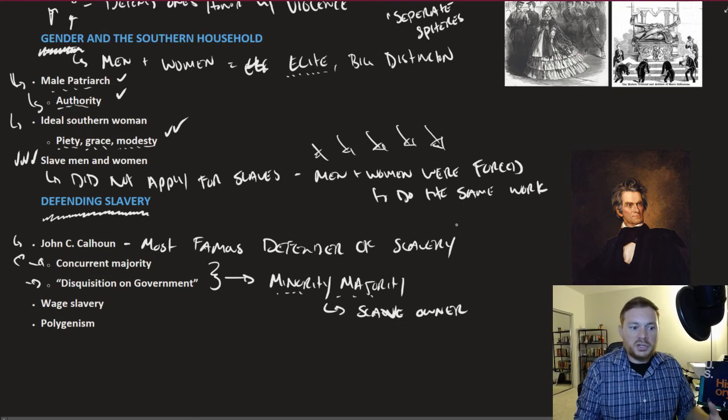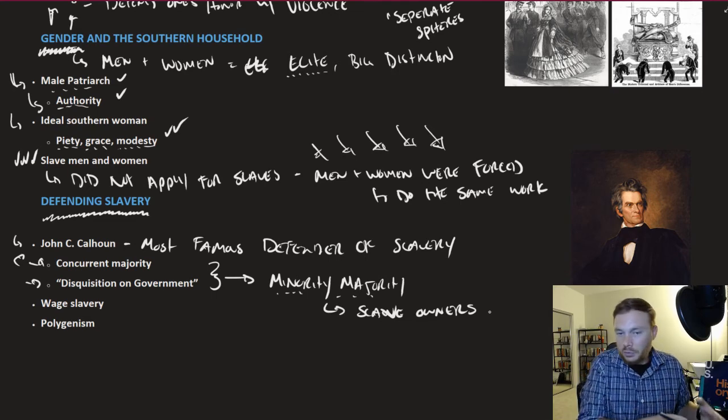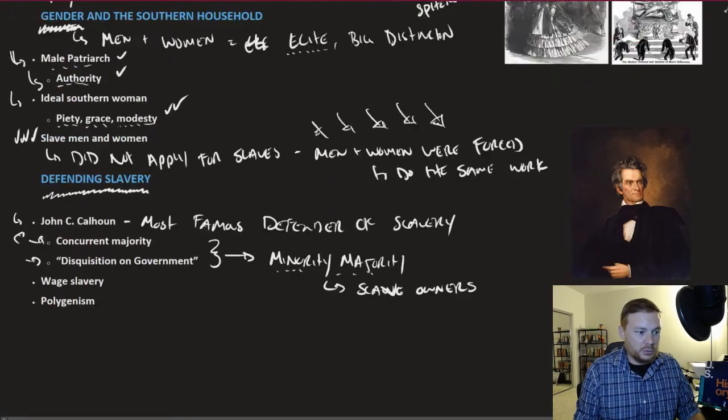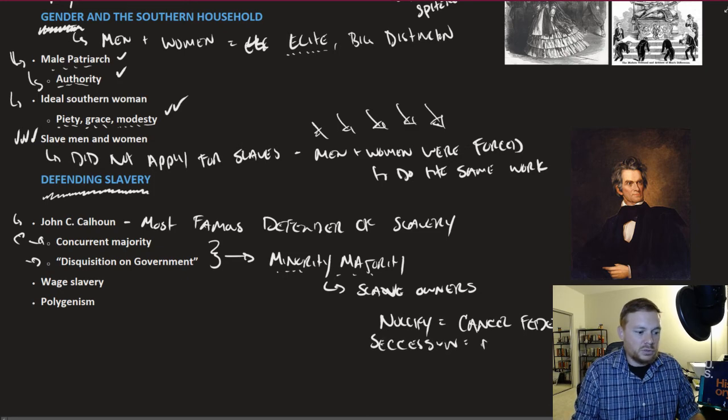And so his argument is that when slave owners are threatened by Northerners, when they threaten specifically the institution of slavery, that as a minority majority class in the South, you do have the political right to, essentially what this leads to is secession. So there's two ideas that are sort of surrounding Calhoun's thought. One is nullify, which we'll talk about at a later time. That means to cancel federal law. And the other one is secession, which means to break away.